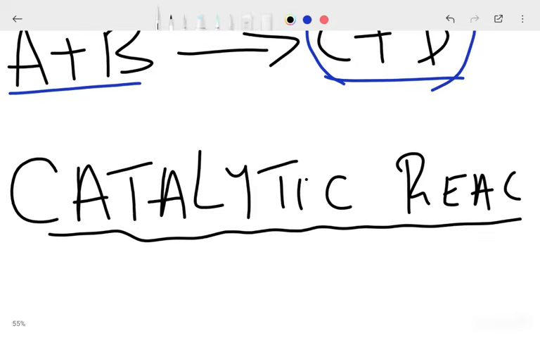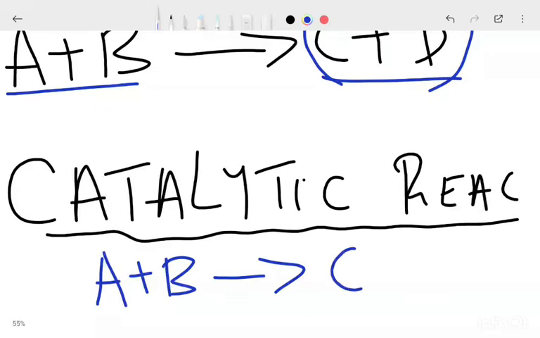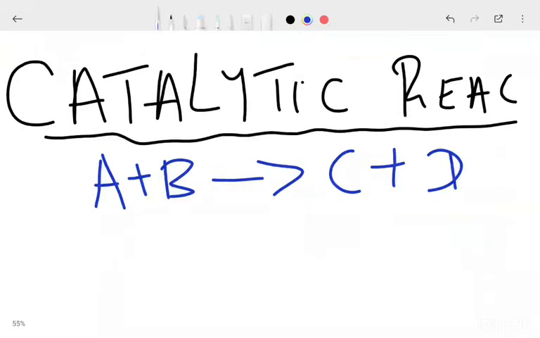Let's say we have this reaction here, A plus B, A reacting with B to form C and D. Now, do you know that there are some reactions where, before they form this product, it will take them a lot of time, or there is something you call equilibrium state?